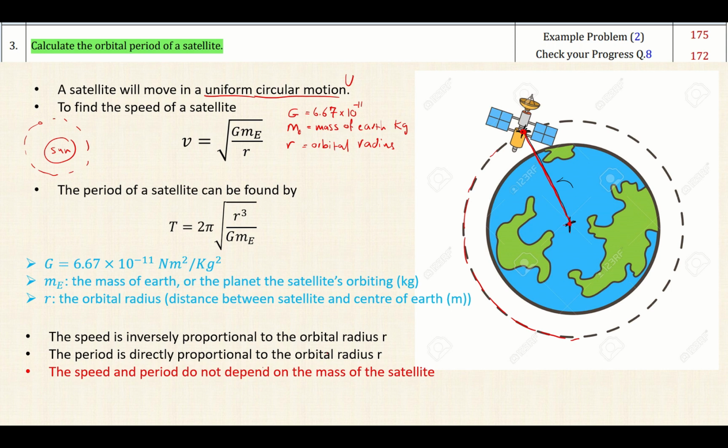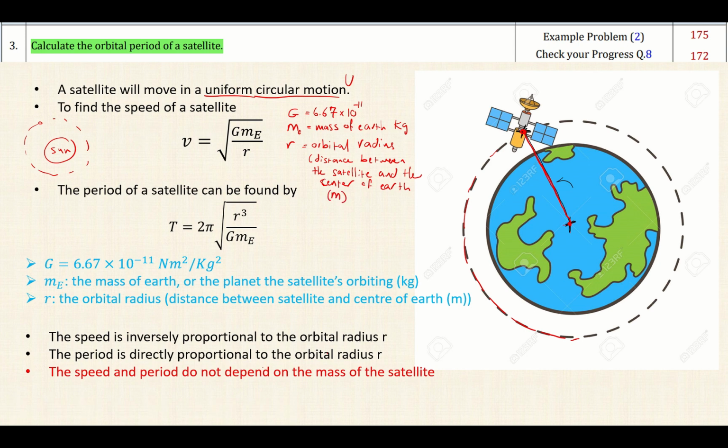So R is the orbital radius, or you can say the distance between the center of the satellite and the center of Earth. Now, the surface of Earth makes a huge difference. And it's measured in meters.